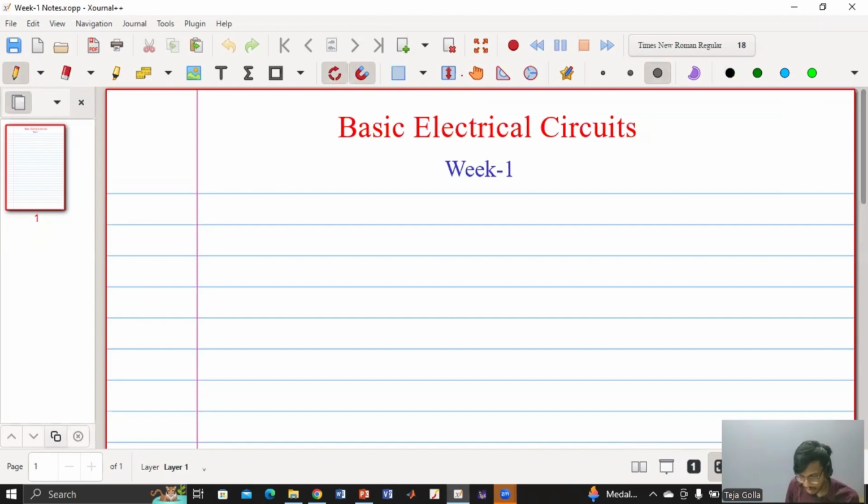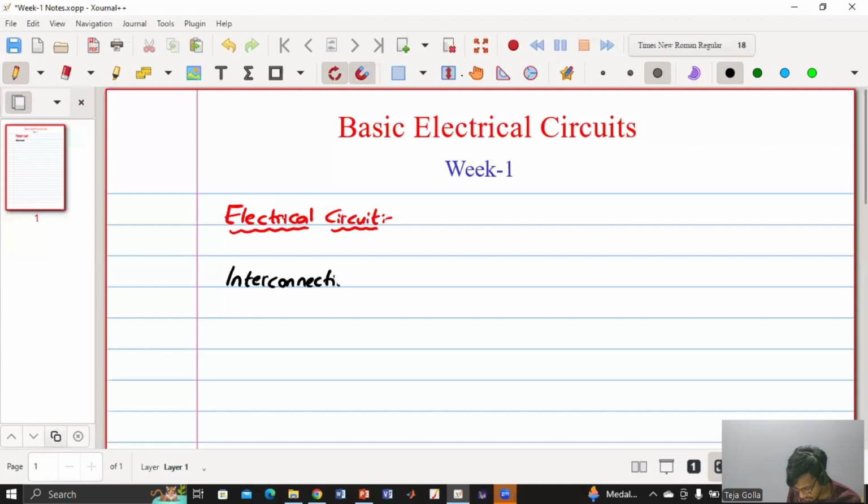Whatever words we use, you should have a proper understanding of them. So an electrical circuit is just an interconnection of elements and sources. Now again, what is an element?